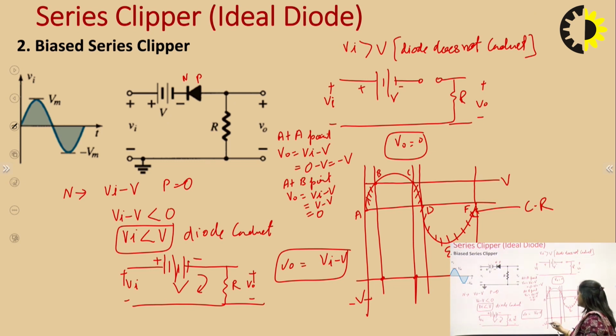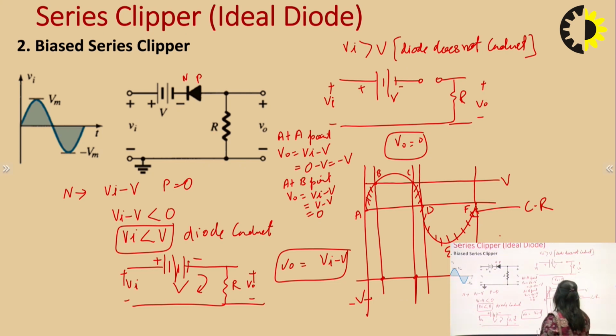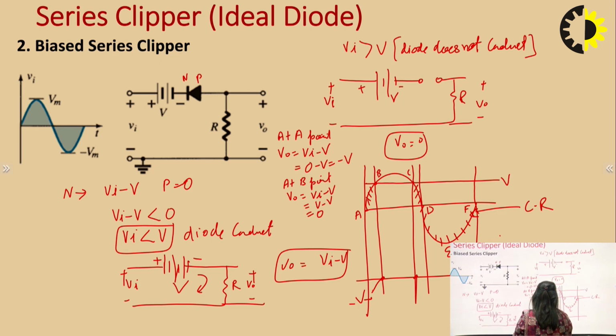So this curve would be like in this way. Between B and C is the non-conducting part, and here the output is already 0. So this line will go this way. This will also be minus V here.